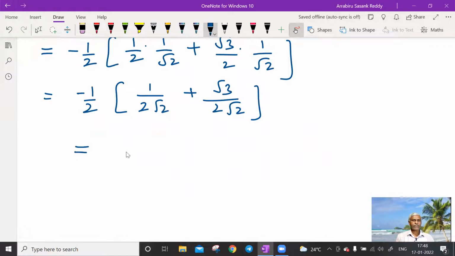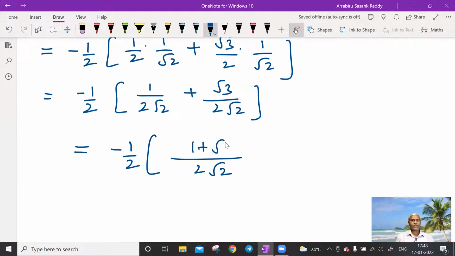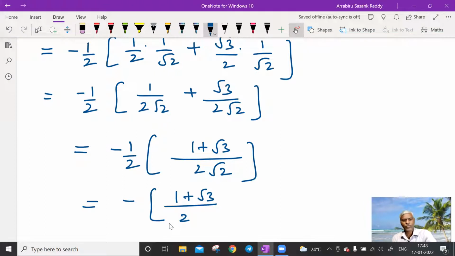This is equal to minus 1 by 2 inside the bracket, taking LCM and multiplying, this is minus of 1 plus root 3 by 2 into 2, 4 root 2. So this is the value.